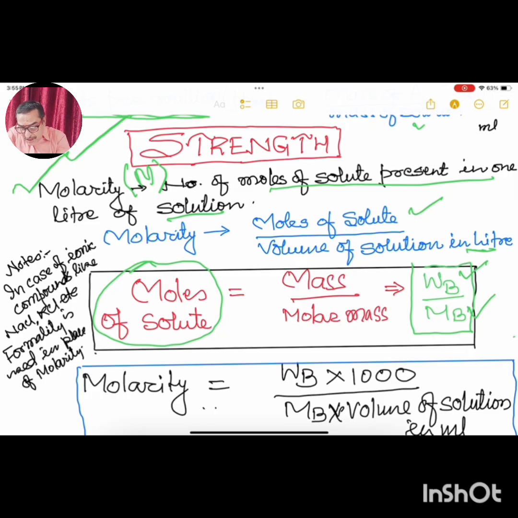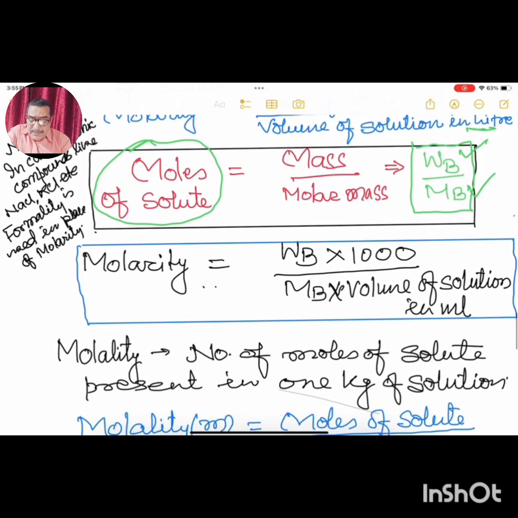If you start writing from the beginning what the moles of solute are, you can easily come to the easiest formula: molarity equals WB into 1000 upon MB into volume of solution in ml. Here you must mention this is the mass of solute and this one is the molar mass of solute.